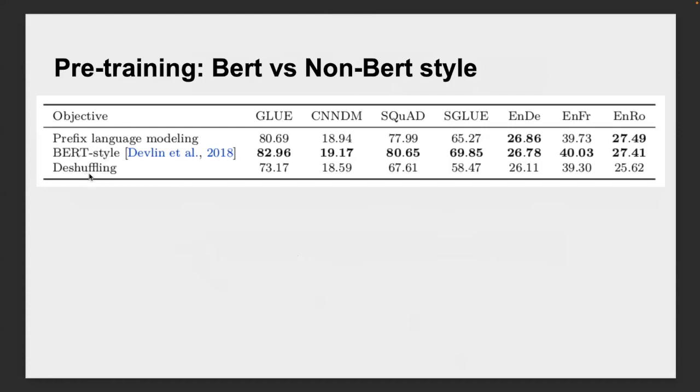Deshuffling is where you randomly shuffle the tokens in the sequence. Say it's a sentence, you randomly shuffle the words in the sentence, and then you let the transformer recover the original sentence from the shuffled words. From here, you can see the BERT style objective wins over the other pre-training objectives.